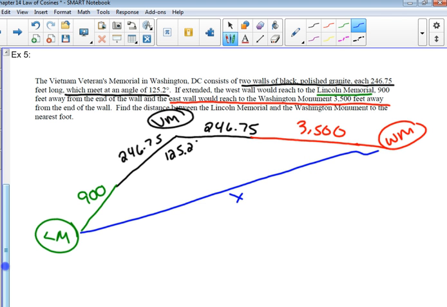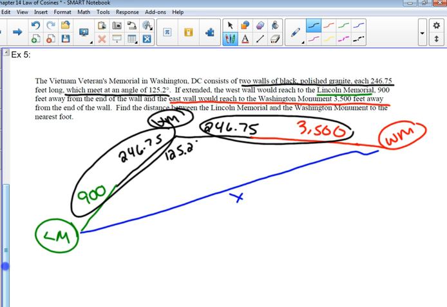Now, this triangle is very complicated. We can make ourselves a new one in a second. It's a little bit nicer looking. But one thing we want to do first is, what would you guys do? Add them, right? We want a total length. And then I'm going to make myself a nice little triangle.